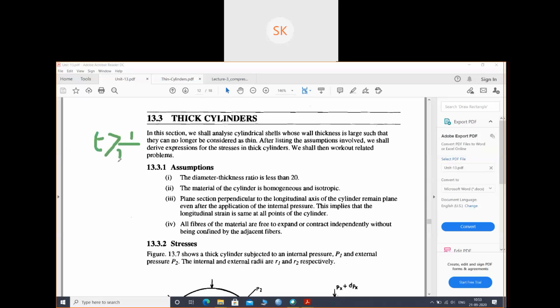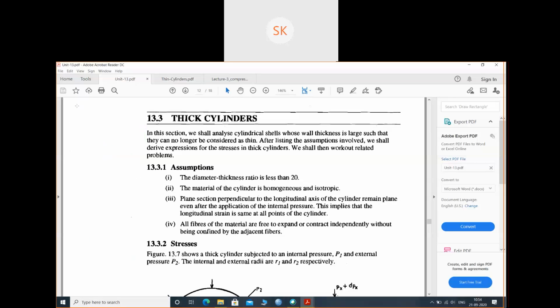Earlier, for a thin cylinder, thickness is less than d by 20, but for thick cylinders your thickness will be more than d by 20. That is the main difference between thick and thin cylinders.